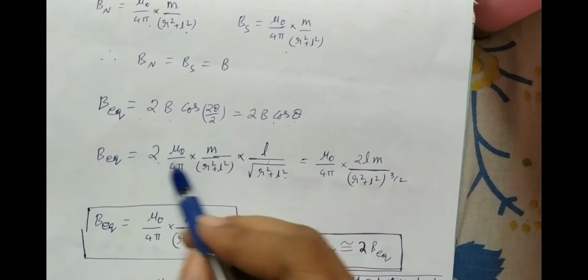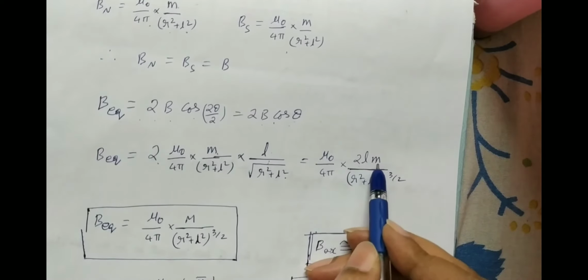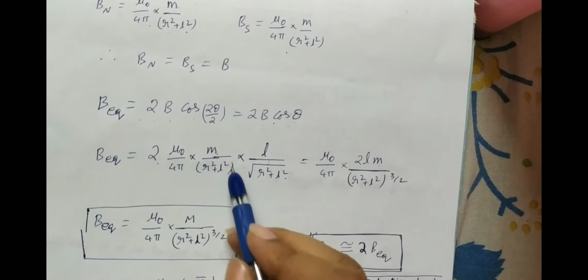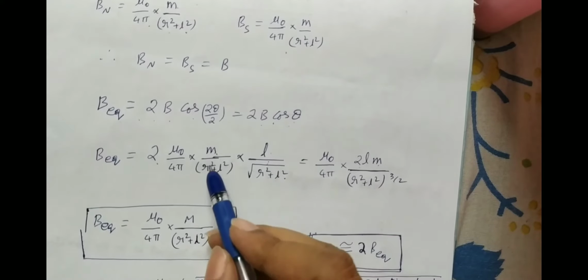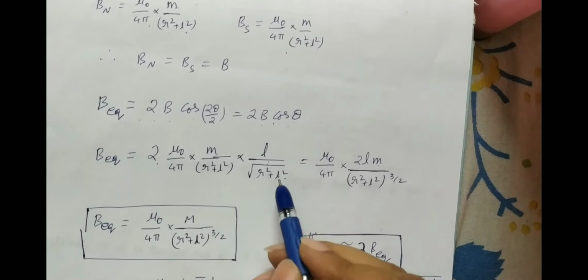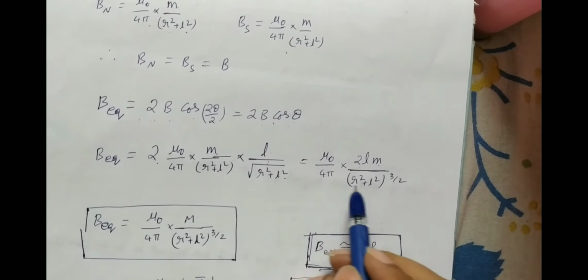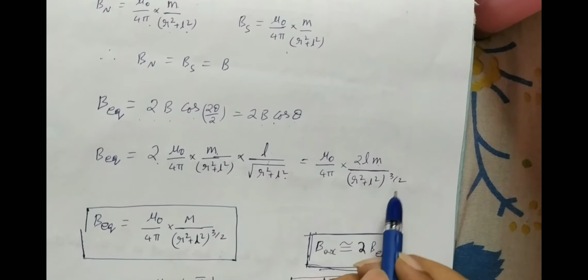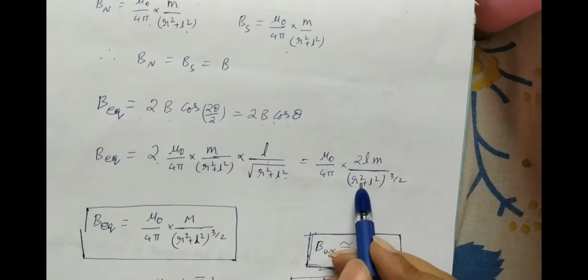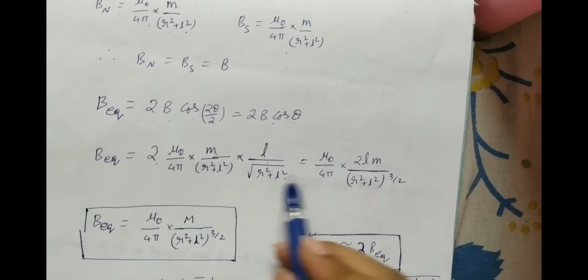Here you see 2l into m, that you write at one place, and here this is X, this is root X. Suppose this total is X, then this is root X. X root X means you can write X power 3 by 2. So here r square plus l square whole power 3 by 2 it becomes.